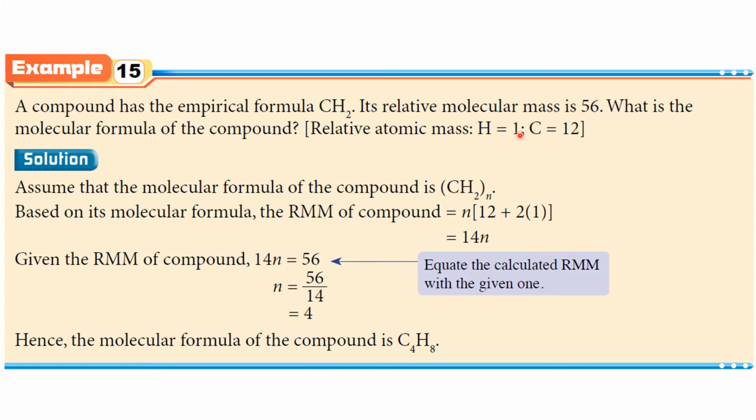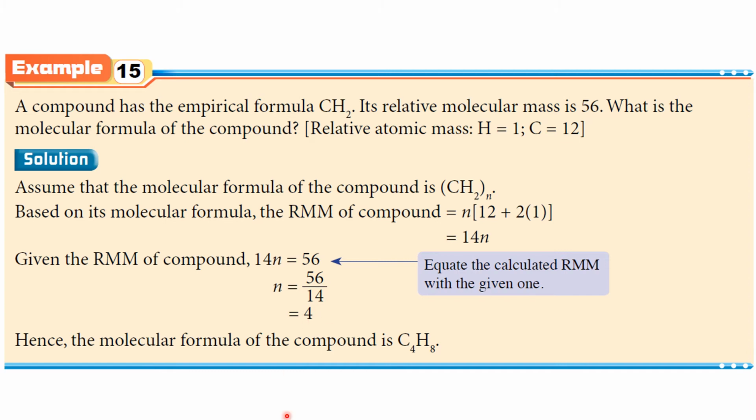So for C is 12, plus the 2 atoms of hydrogen means 2 times 1. Then you close the bracket and after you calculate, you get 14n. And this 14n is the RMM, right? So 14n equals 56, the RMM. By maths calculation, you get 56 divided by 14, so n is 4.